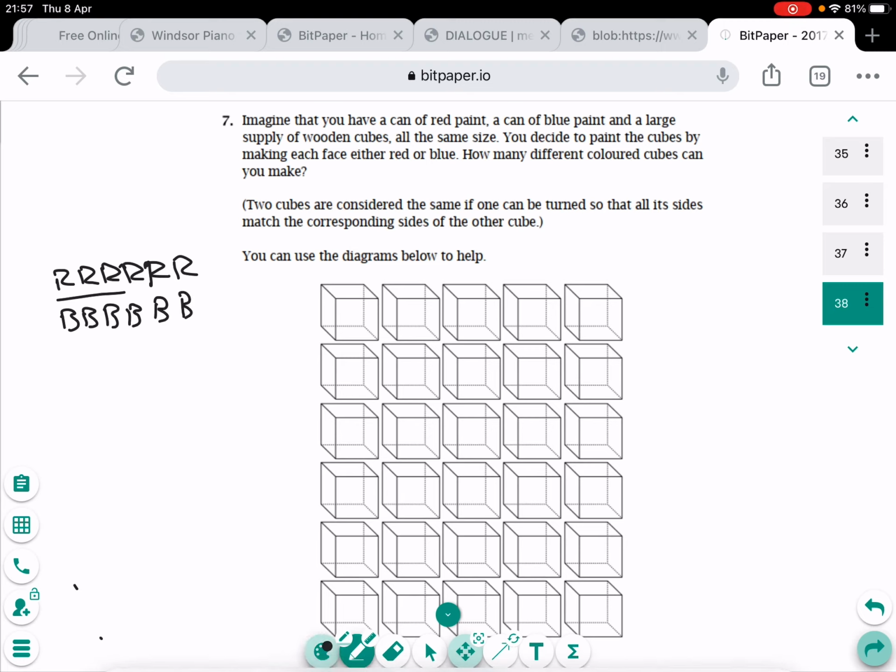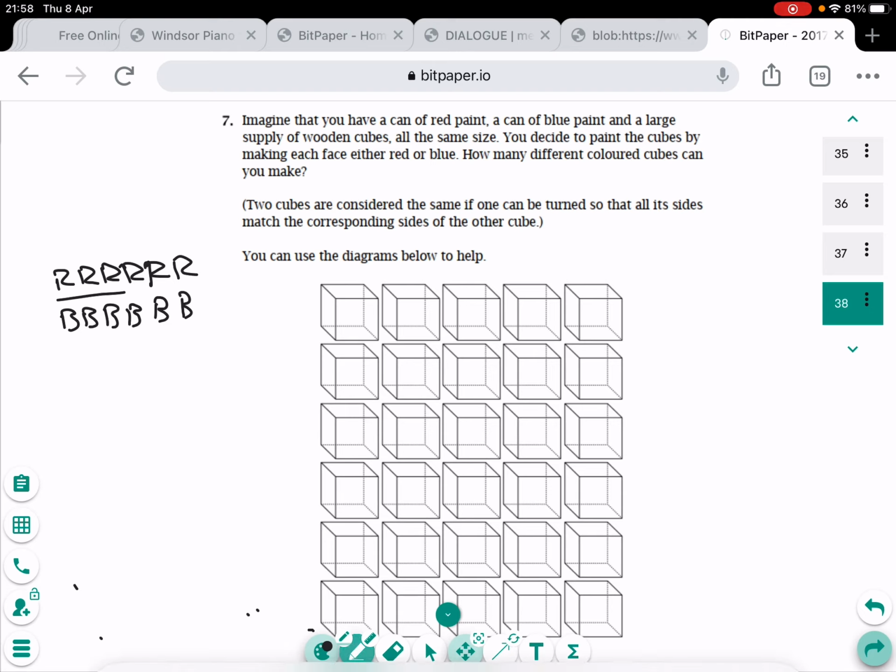It's the same thing as red, red, red, red, red and blue. So 5 reds, 1 blue, and 4 reds, 2 blues. It's the same as 4 blues, 2 reds, 5 blues, 1 red, and it's exactly the same.